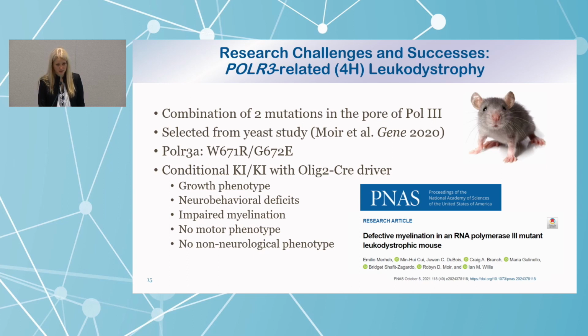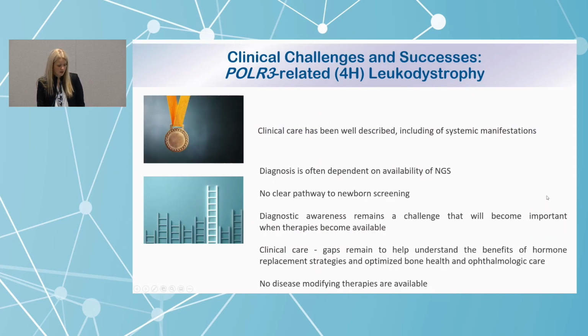It has neurobehavioral abnormalities. Fortunately, impaired myelination, but unfortunately no motor deficits, and no non-neurological features. Still, it is a very good model to understand the disease pathogenesis and hopefully eventually test some potential therapies.